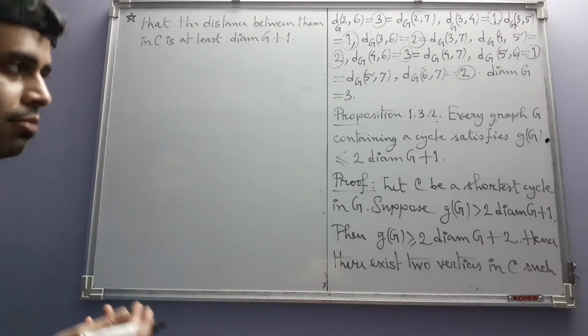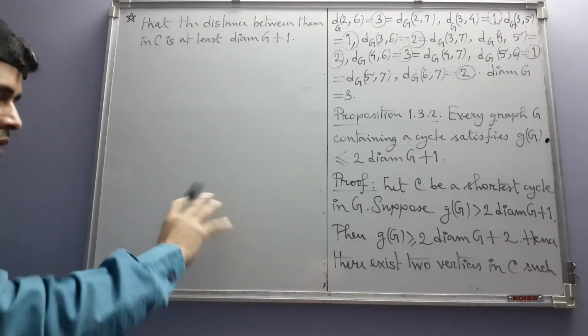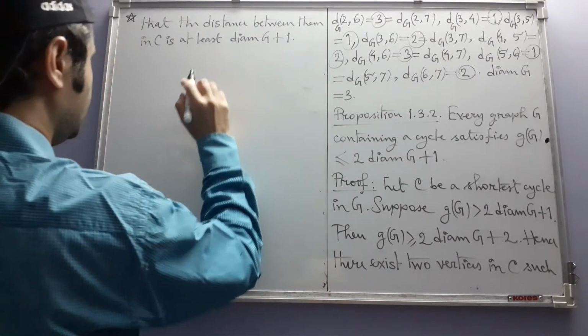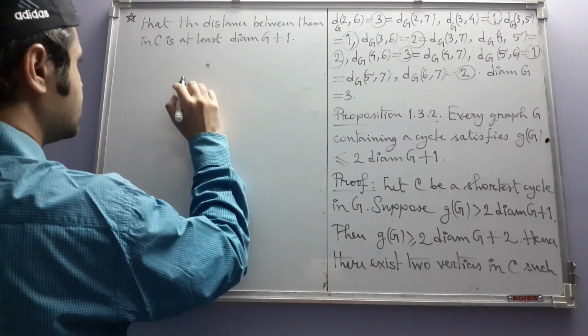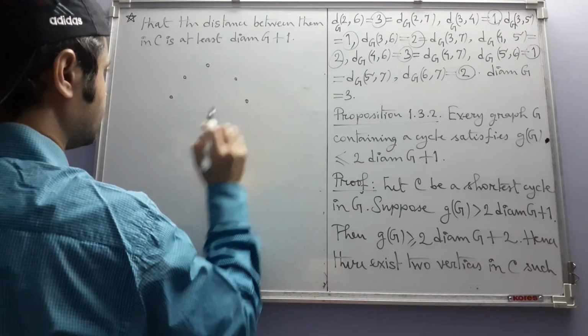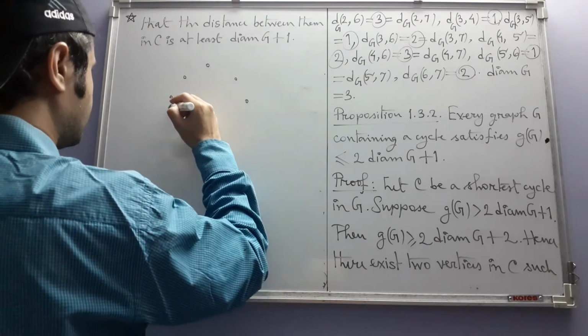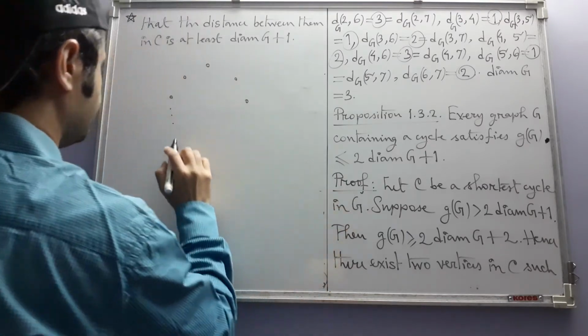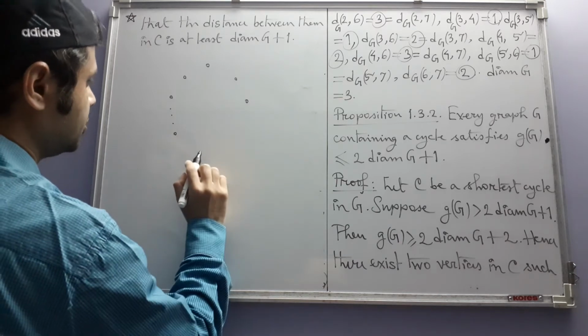Why though? Why suddenly and exactly how are we able to conclude this thing? Let us see. So we have a cycle like this. We don't really know the exact length. I mean, we know the length of the cycle, but that is also arbitrary.